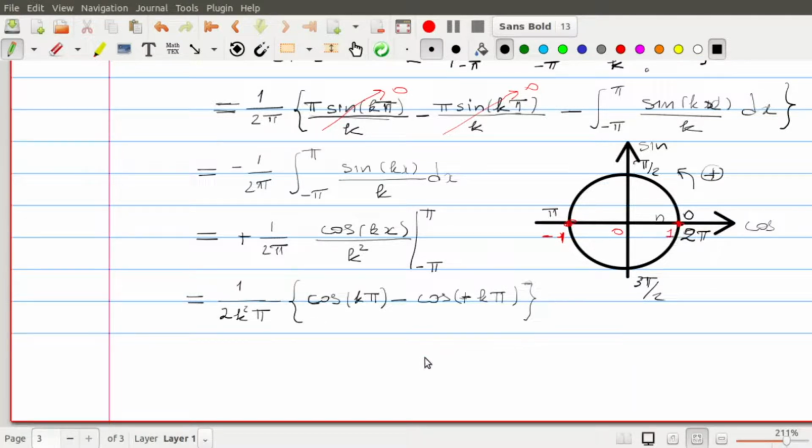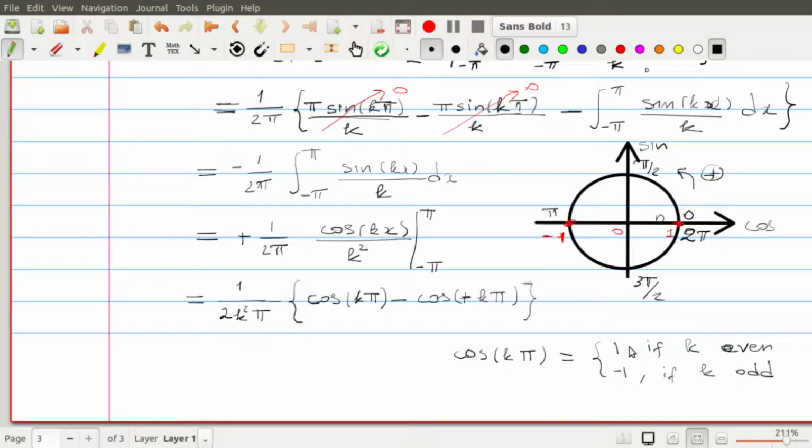So we can sum all that information into the formula: cosine of k pi is equal to 1 if k is even, and -1 if k is odd.